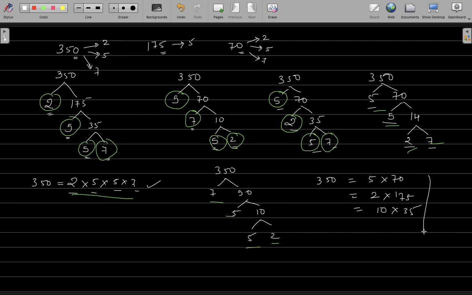All the three combinations are correct, but they are not unique. What is unique here is the prime factorization. If I ask you to factorize or represent 350 in its prime factors, then there is only one unique combination that is possible, which is 2 times 5 times 5 times 7 in all the cases. This is the reason that we go for prime factorization.